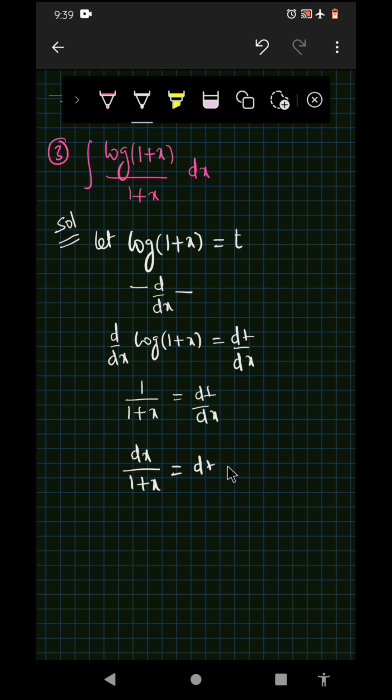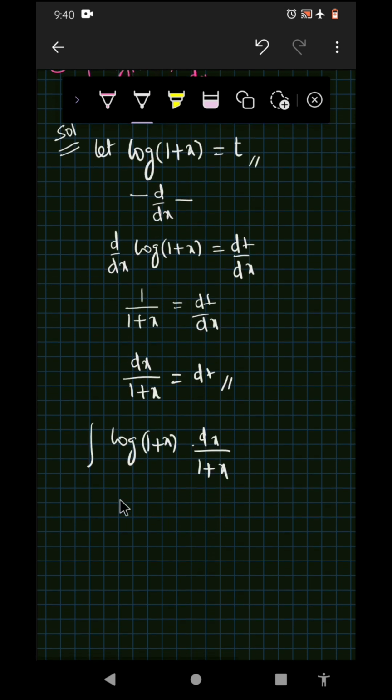So we got the dt value and t value, both of which we substitute in the problem. We get integration of log of 1 plus x into dx by 1 plus x. Now log of 1 plus x is equal to t and dx by 1 plus x is equal to dt.